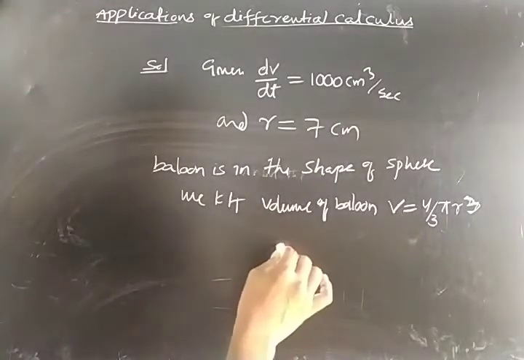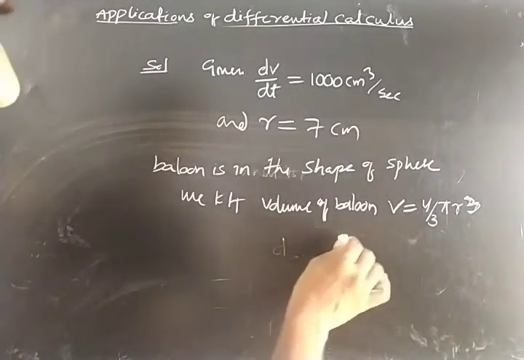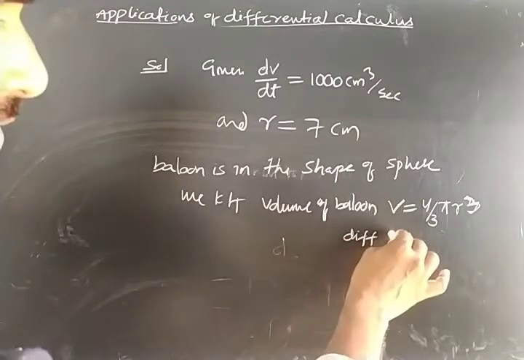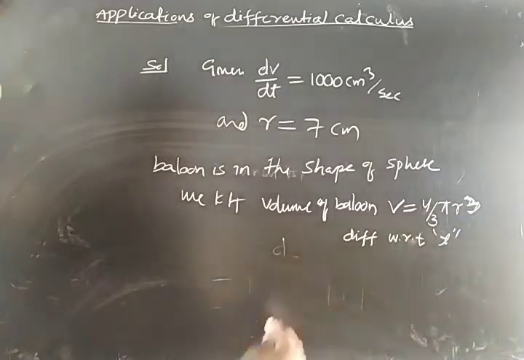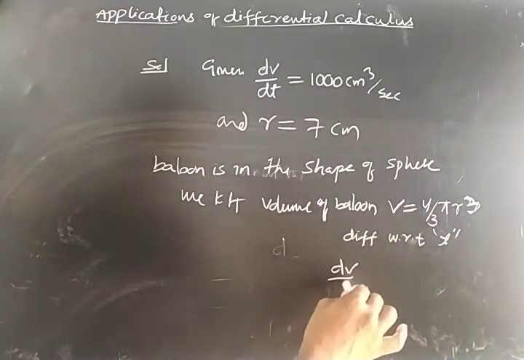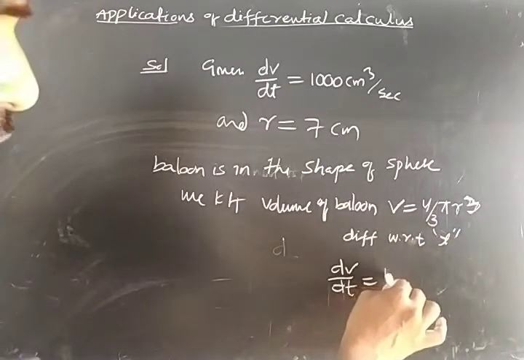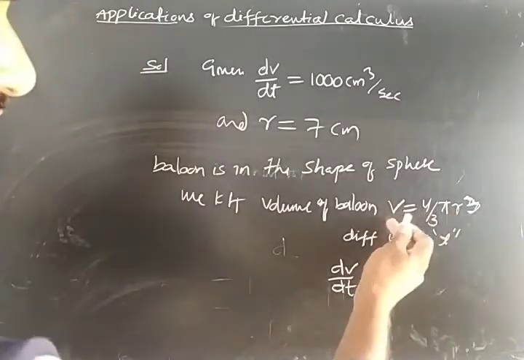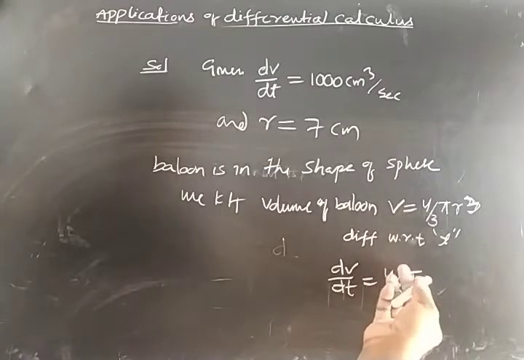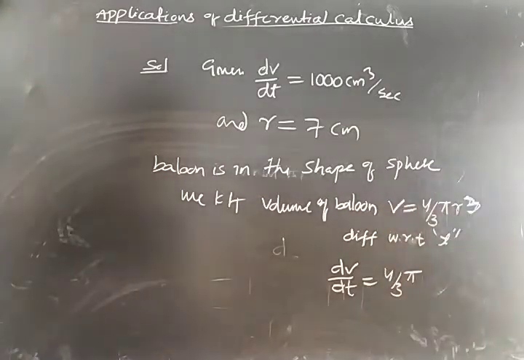So I am differentiating it with respect to time, on both sides. So you will get dV by dt equals 4 by 3 constant, pi constant, r cube. r is variable, V is also variable, because volume changes when radius changes.